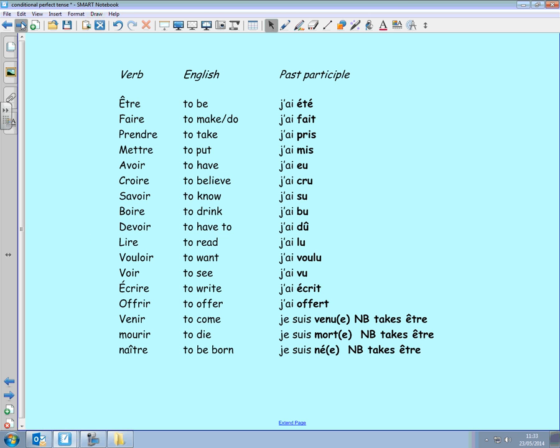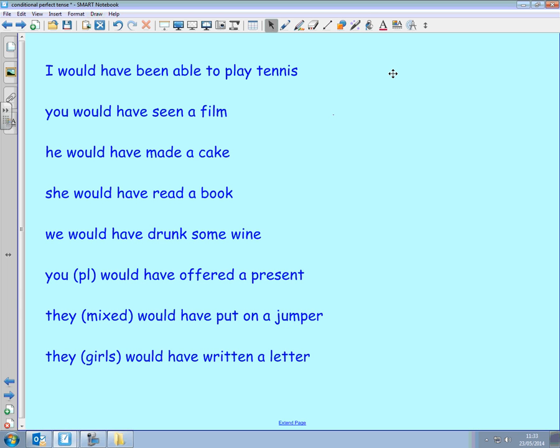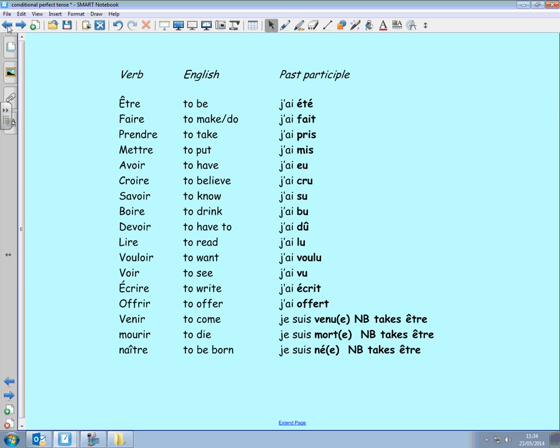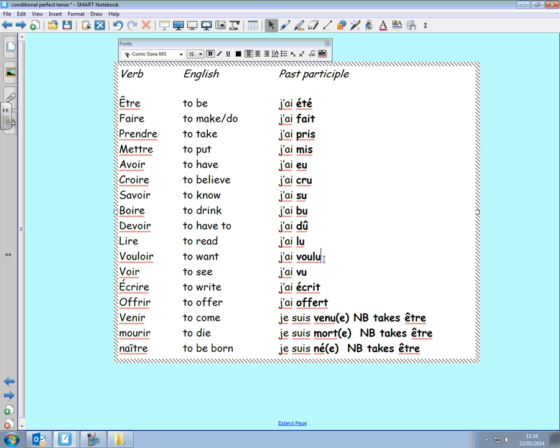So let's have a go at these ones. I would have been able to play tennis. Now then, being able to obviously comes from the verb pouvoir, we can't say can, but we say I would have been able to. So you have a quick check down here. Is it down here? No, it isn't. I haven't put it down. Never mind. We can easily do that.